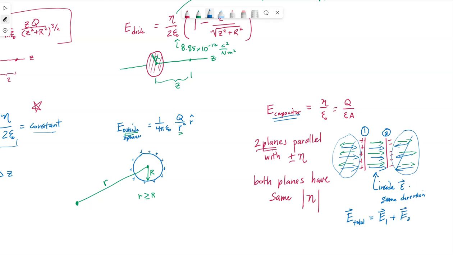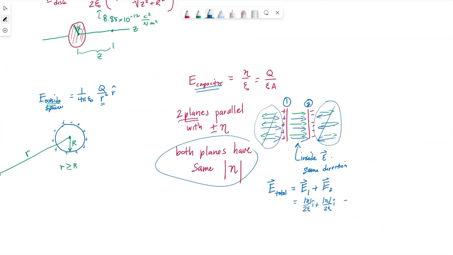But again, our capacitor, we're saying both planes have the same eta. I'm putting absolute values around it, again, because we've already accounted for the directions. So in my picture, these will both be in the i hat direction. So we end up with 2 eta over 2 epsilon naught in the x direction. The 2's cancel. That's where this E of a capacitor is eta over epsilon naught comes from.